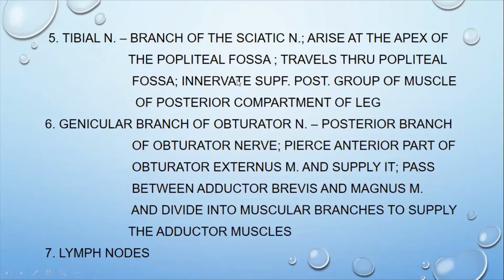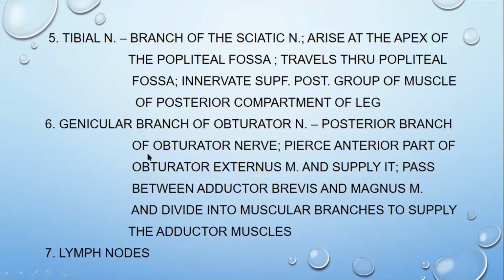It will also enter the popliteal fossa, and it will innervate the superficial posterior group of muscles of the posterior compartment of the leg. So take note, your tibial nerve will be the innervation of the superficial posterior group of muscles in the posterior compartment of the leg.